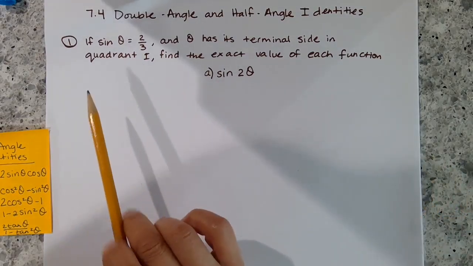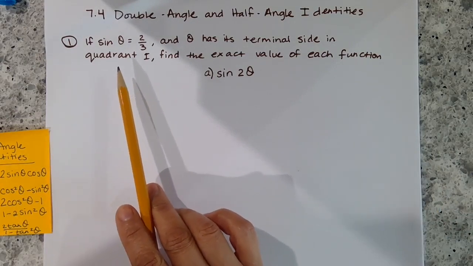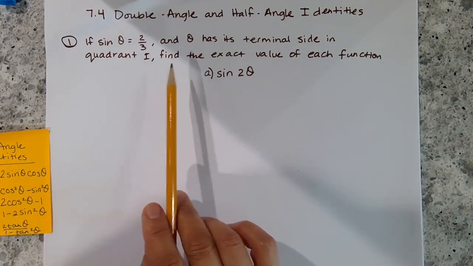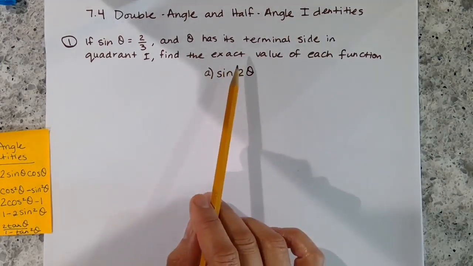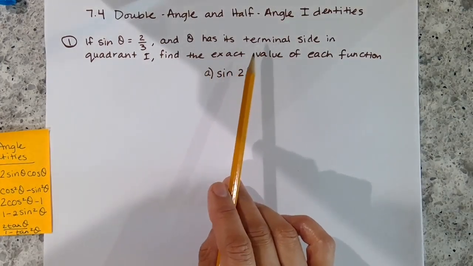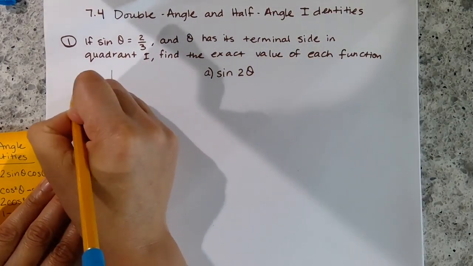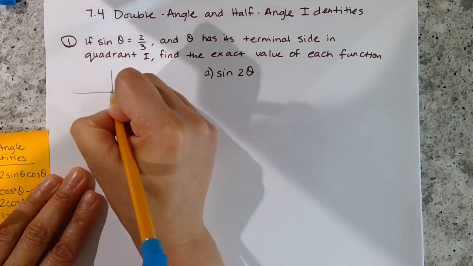Okay, so section 7.4, first problem. If sine theta is equal to 2/3 and theta has its terminal side in quadrant 1, well, what does that mean, terminal side? That means that it's ending up in quadrant 1.